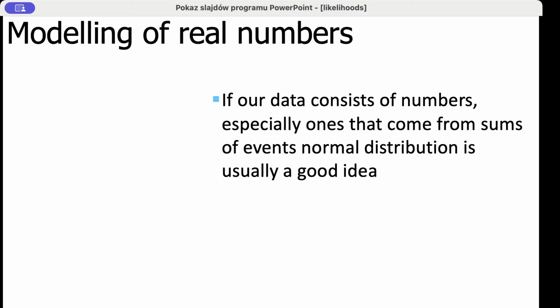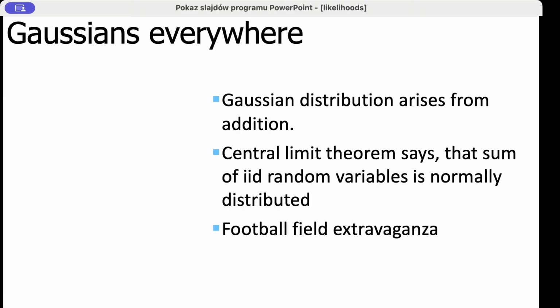Sums of events, because if each number is represented as a sum of events, it is generally a good idea to use a normal distribution, because the Gaussian distribution arises from addition. This happens because of the so-called central limit theorem, a result that you probably heard about but don't necessarily understand.